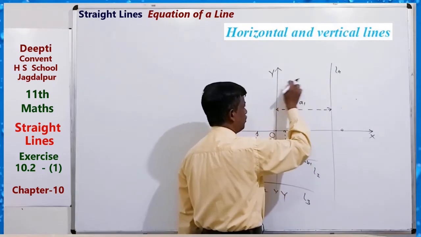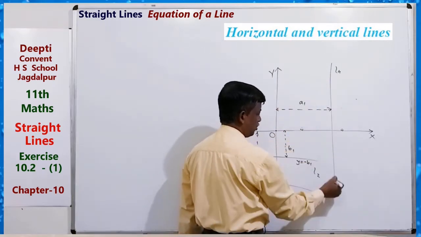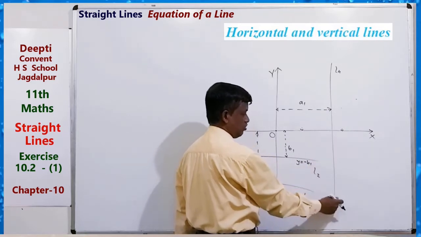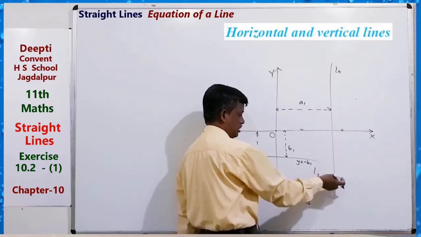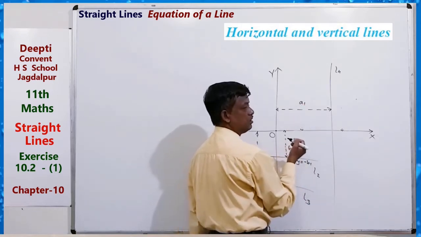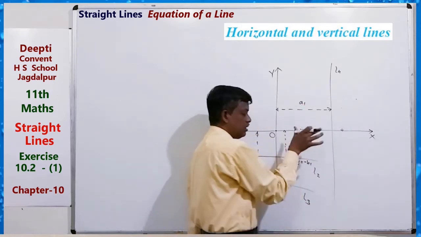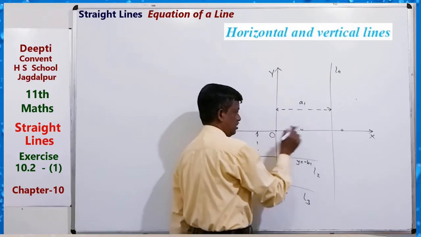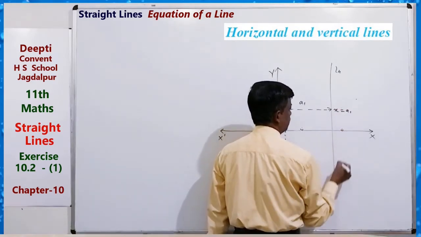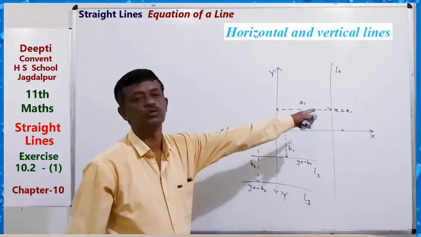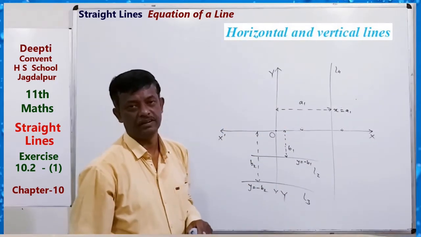At all the points on this line, the perpendicular distance from the y-axis is always A1. So this is the x coordinate, and x equals A1 is the equation of the line.